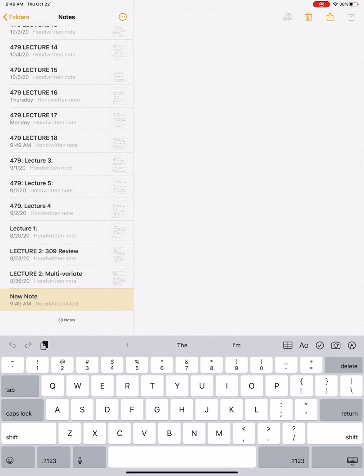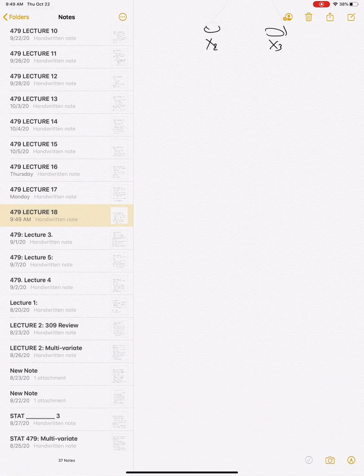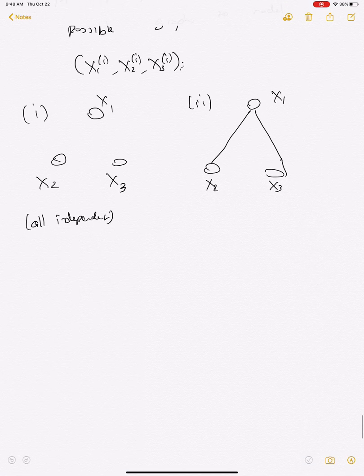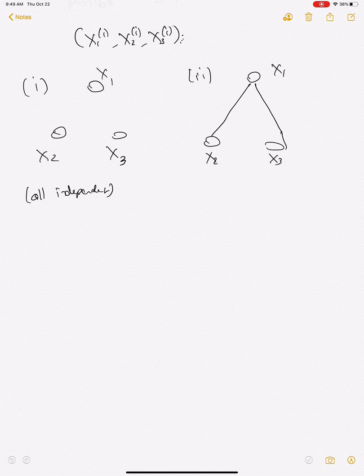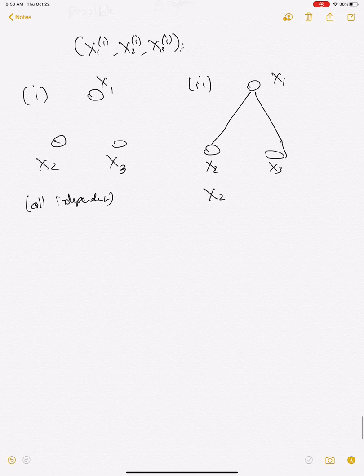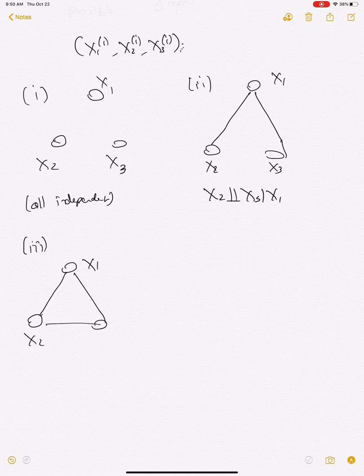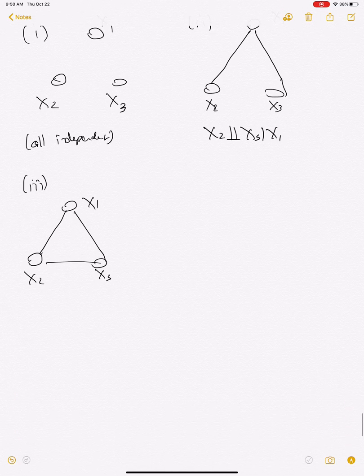Let me go back. Okay, and so this is where they're all independent. This is where we have that x2 is independent of x3 given x1. So this is fully connected.